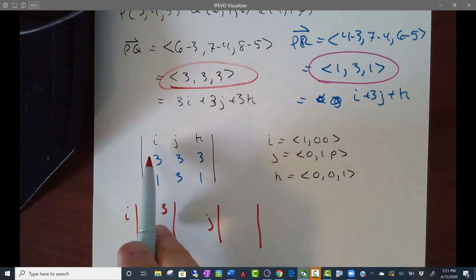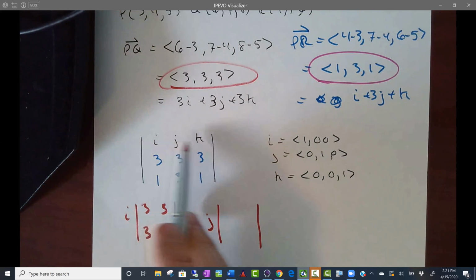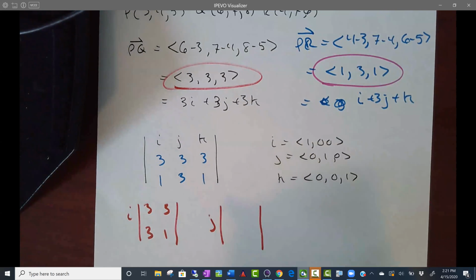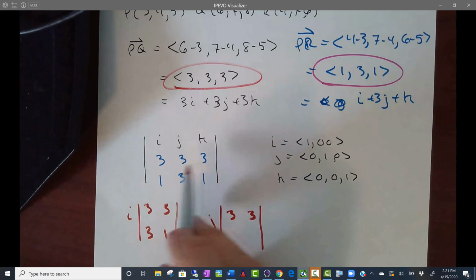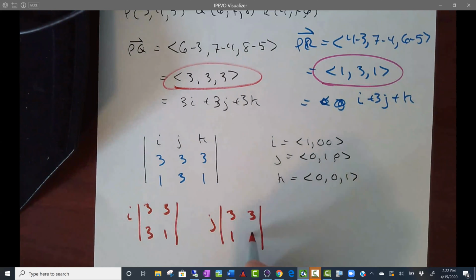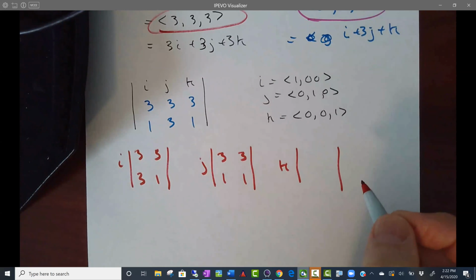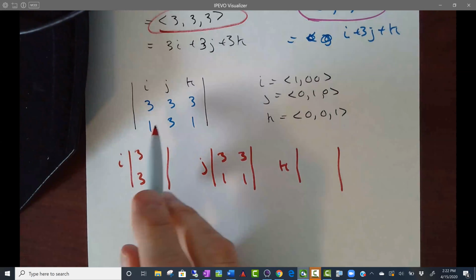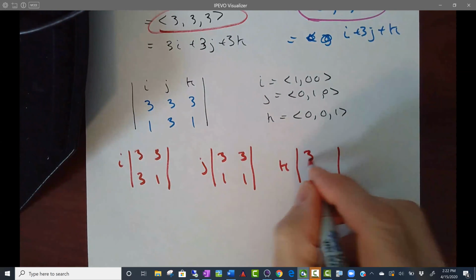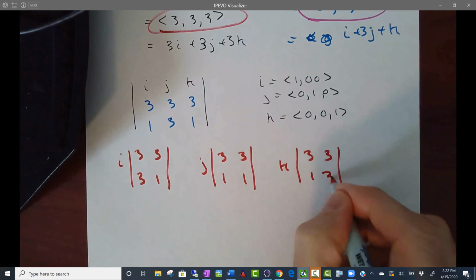So I'm going to multiply j by the determinant that I get when I cross off the top row and the middle column. So that would be 3, 3, 1, 1. And last but not least, k. Can you determine what I'll be multiplying by here with k? So it would be 3, 3, and 1, 3. Perfect.